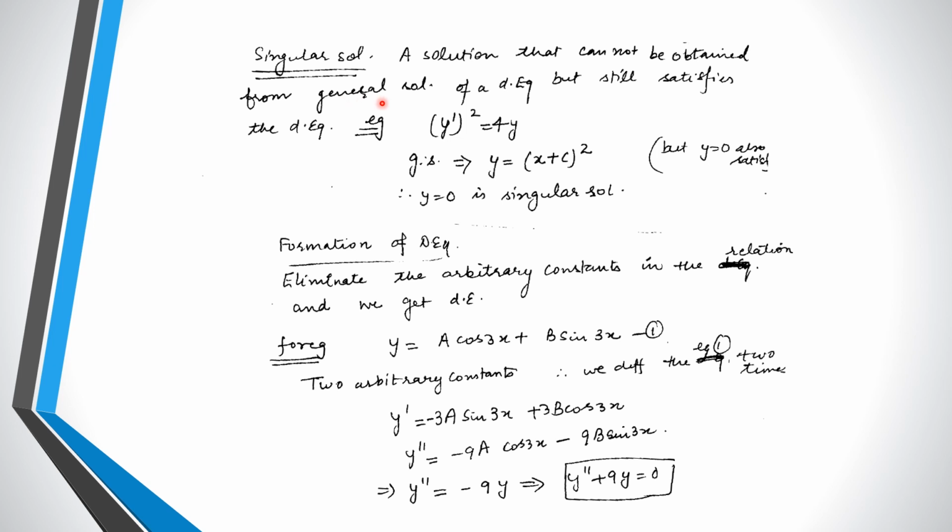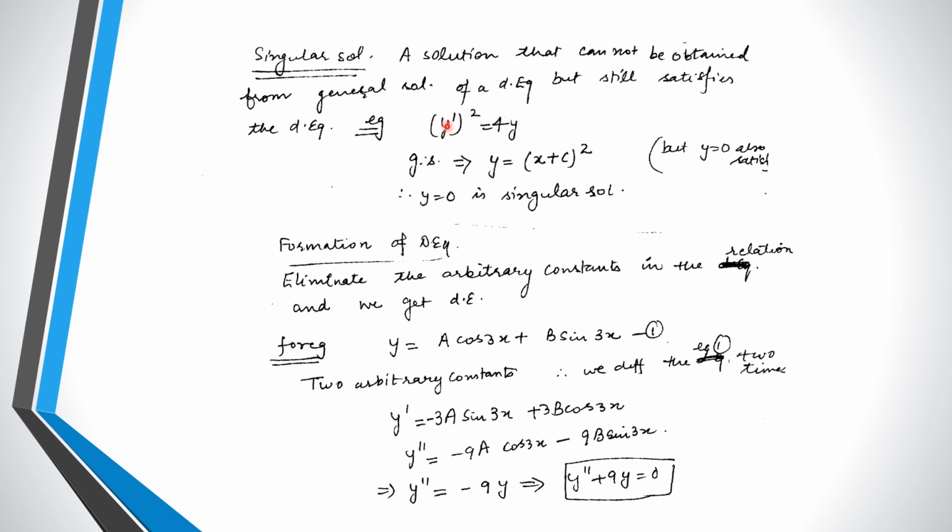For example, if you consider this differential equation, then the general solution is this one, right? But y is equal to 0 is also a solution of this differential equation. You can easily verify that y is equal to 0 is a singular solution of this. Why? Because when you put y to be 0 in the left hand side, its derivative is 0 also.